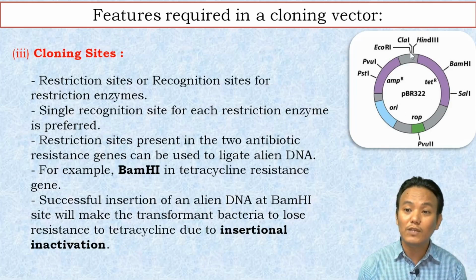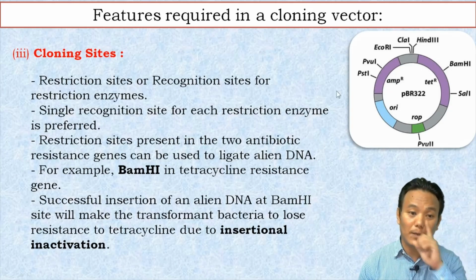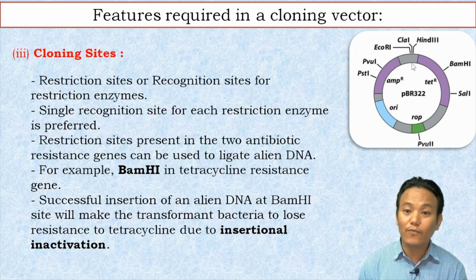What we need to do is just make one single cut so that we can introduce the foreign gene and create a recombinant DNA, right? Getting multiple pieces of cloning vector is not useful for creating a recombinant DNA. So therefore, we have only one recognition site for one restriction enzyme. So that is the desirable trait.